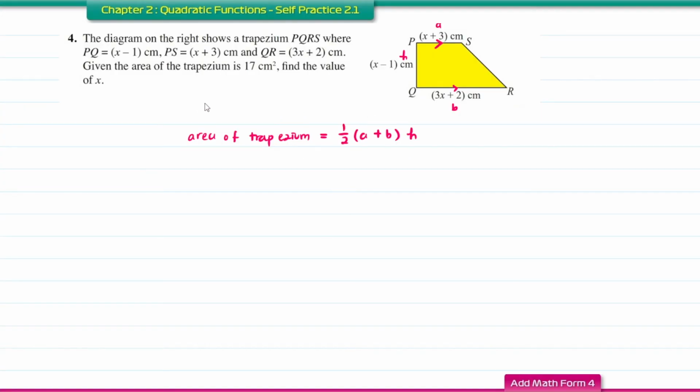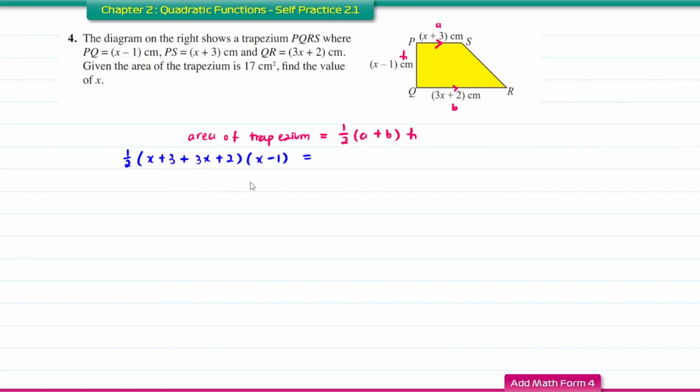So now we can form an equation using this formula. 1/2 multiply, the A here is x plus 3, then we're going to plus the B, which is 3x plus 2. Then we're going to multiply it with the height, in this case x minus 1.